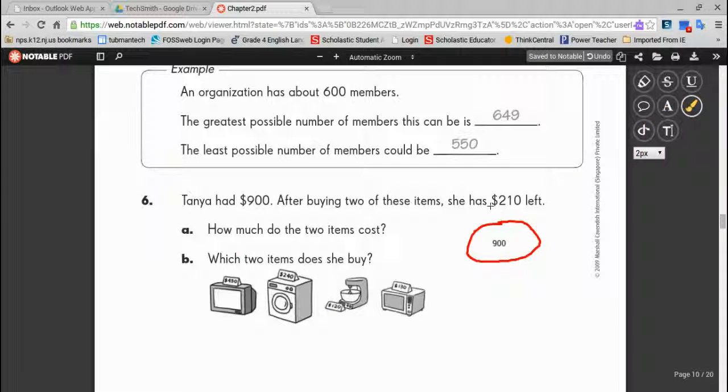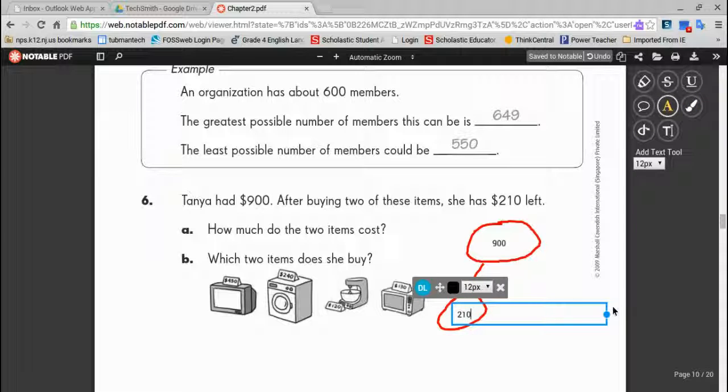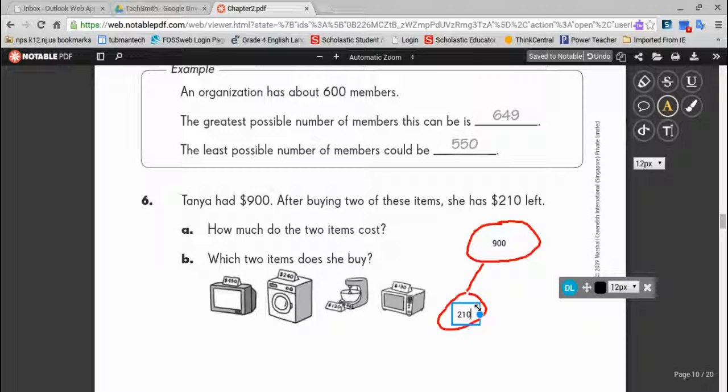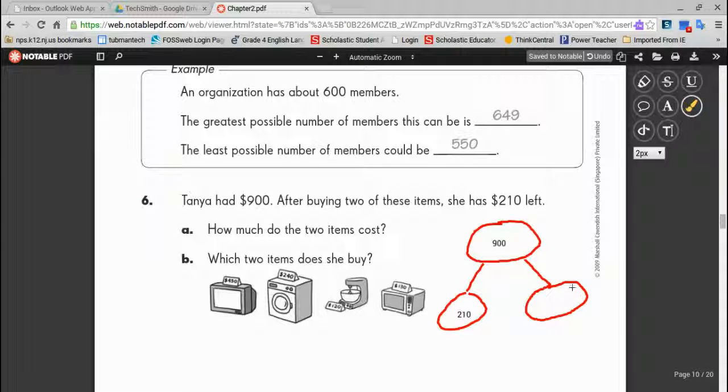So after she buys something out of these $900, I'm going to draw a line, and $210 left. Let's put that number over here. And that means she took her $900, she bought something, and we don't know what that something is. She bought 2 items over here, and she has $210 left.